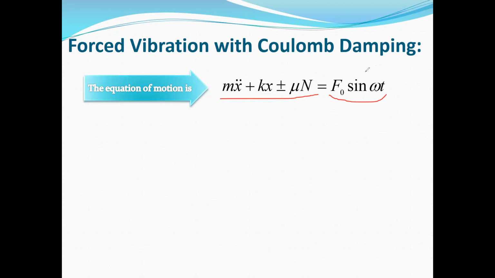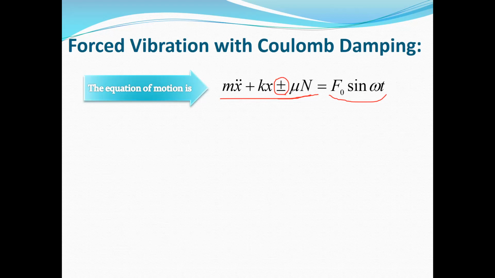So we assume that, for example, the external force is a function of time in the form of sine harmonics. This is the general form of the equation of motion. As you can see, we have a nonlinear equation because we have plus minus mu N. So the solution for this problem is a little difficult.